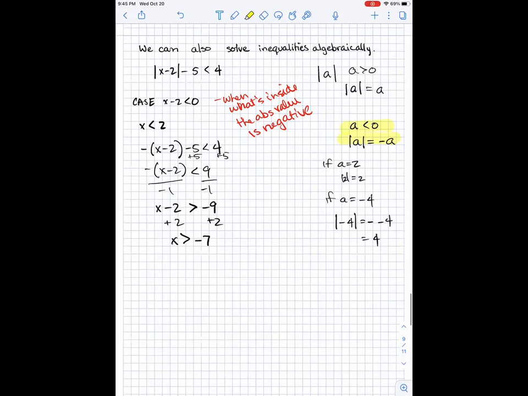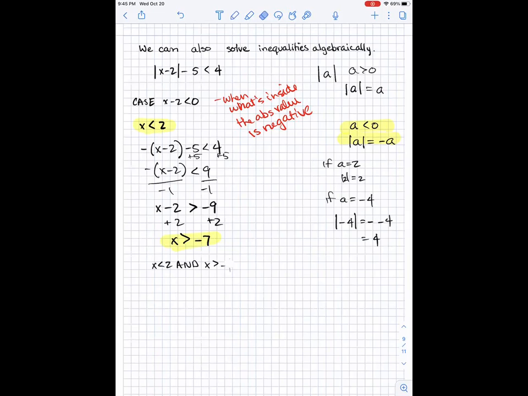Now, this was my situation. So x is less than 2. And my result is x is greater than -7. Both of these have to be true. So we can put these together. What this means is that x is less than 2 and x is greater than -7.